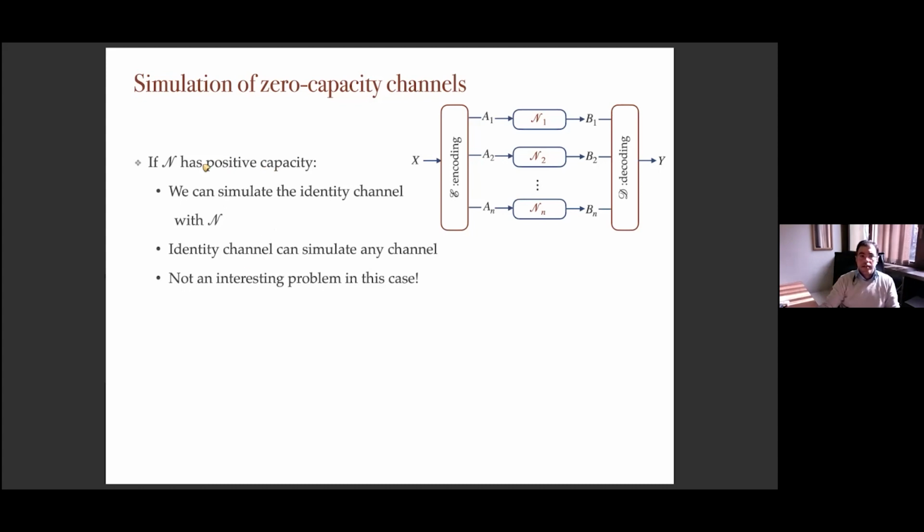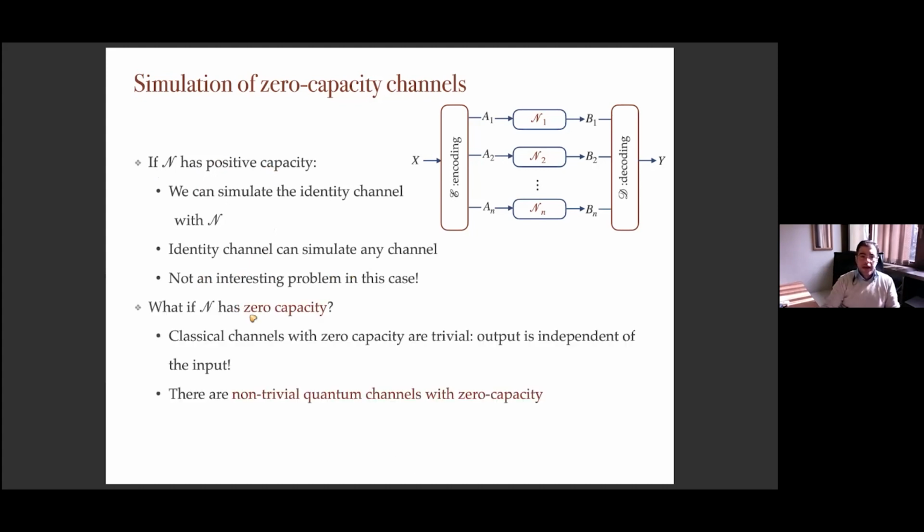So in that case, if the capacity of N is positive, the problem is not interesting. The answer would be trivial. We can always simulate any other channel using N. But what if the capacity of N is 0? In this case, I'm going to consider two subcases, whether the channel is classical or quantum.